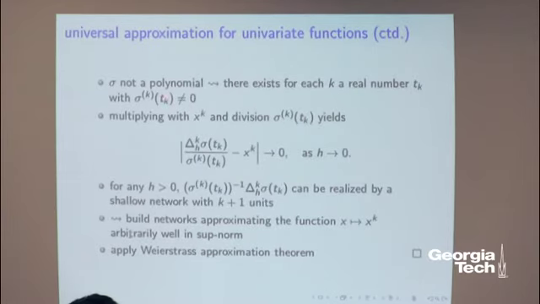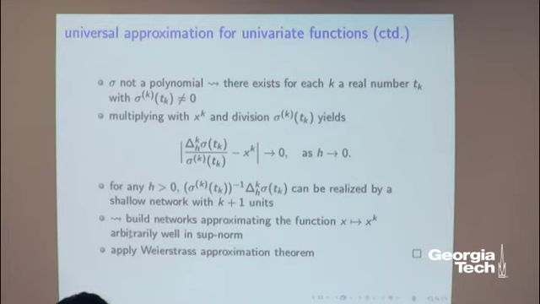Okay, and now the assumption is that sigma is not a polynomial, which we excluded, right? We know for polynomials it's not true. Then for each integer k, you can find a number where the kth derivative does not vanish. We assume sigma is a smooth function.